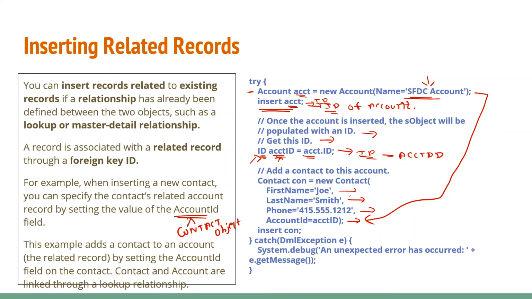This is how this particular contact will be related to this particular account. So insert con, the contact will be inserted and it will be related to that account. Otherwise, if there is any exception in this try block, then this will run into catch and we will get the error message, and then we can work accordingly.